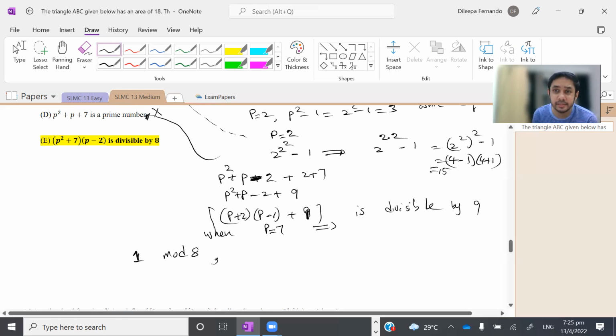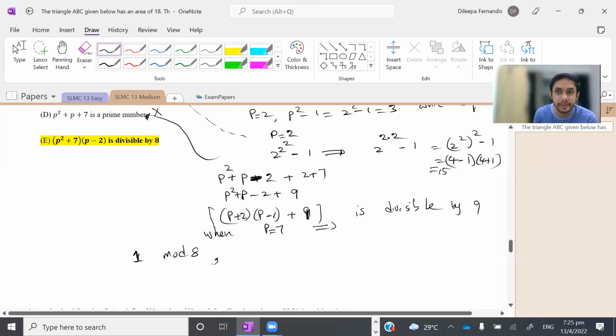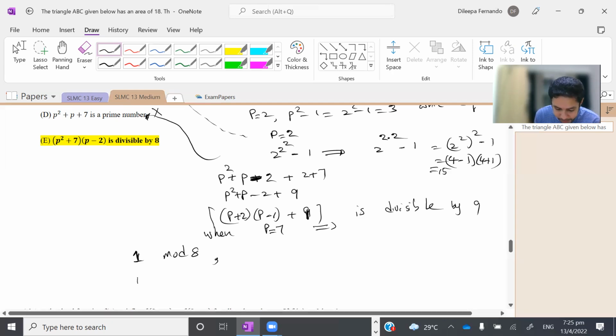And 2 mod 8 can be a prime when p equals 2, but after that 2 mod 8 is not a prime. So let's check what happens when p equals 2: 2 squared plus 7 minus 2, here 2 minus 2 is 0, so 0 is divisible by 8.